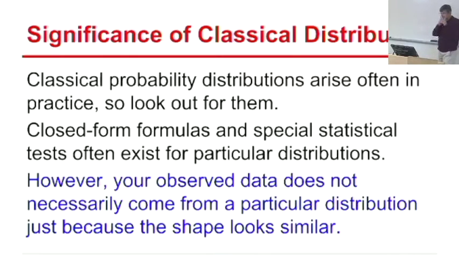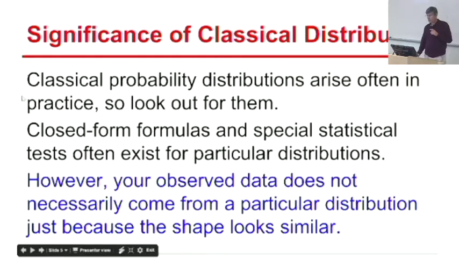And if we think about what is good about knowing these classical distributions, there are a couple of reasons why we're going to care about it. On one level, if I give you data, it's just data, and you analyze it, and you play with it, and you look at it. If you know whether your data fits a classical distribution, you get a couple of things for free. First of all, many of the classical distributions have reasons why they arise.